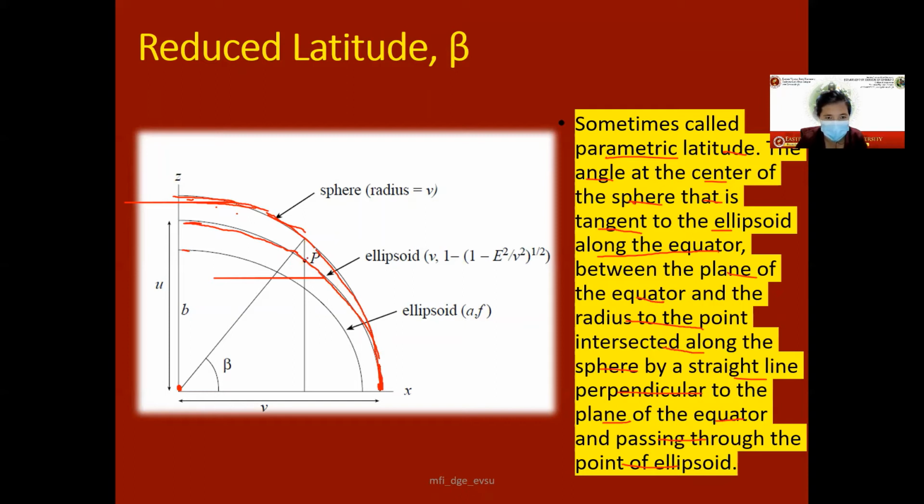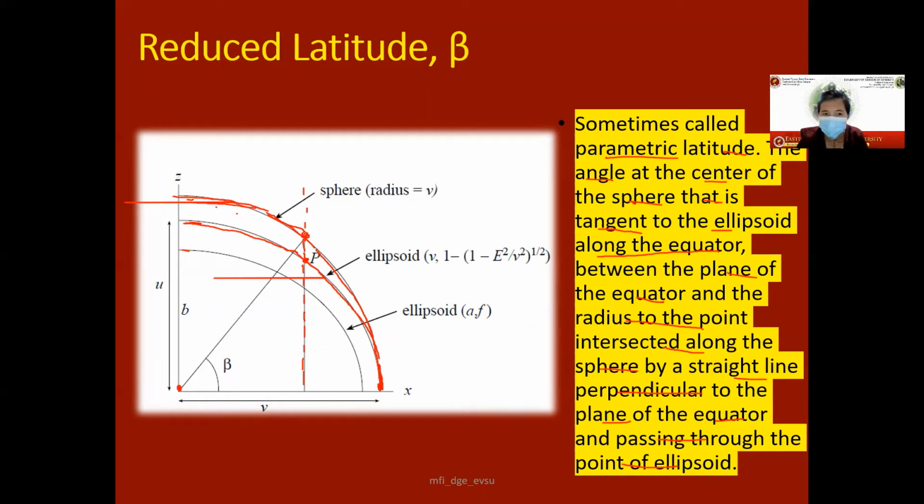If this is point P, similar to point P earlier, then we create a line directly below this P and directly above P up to where it intersects the sphere.